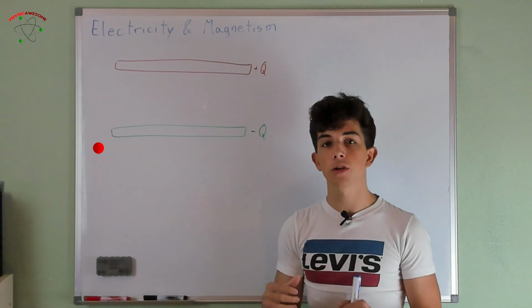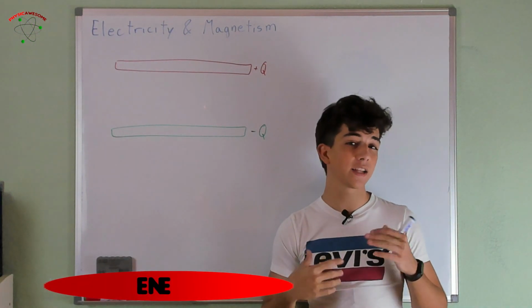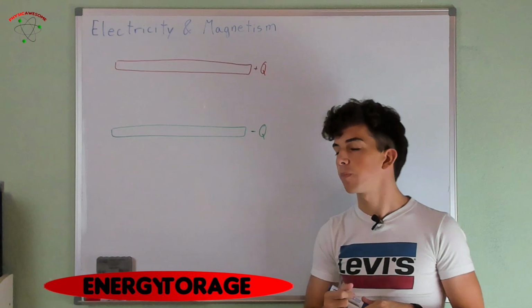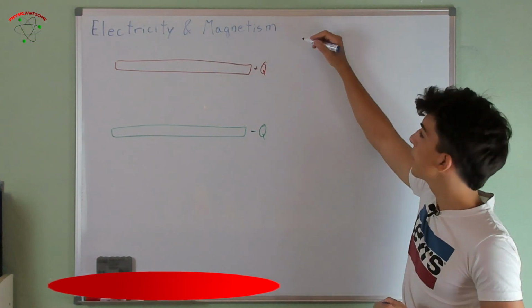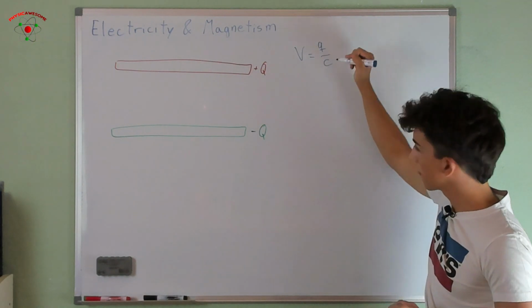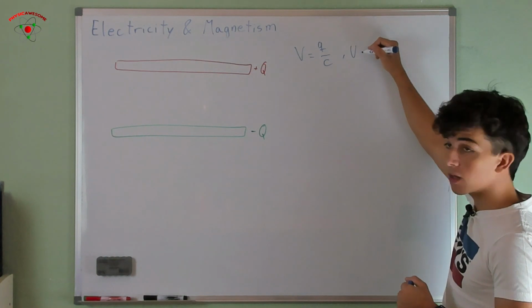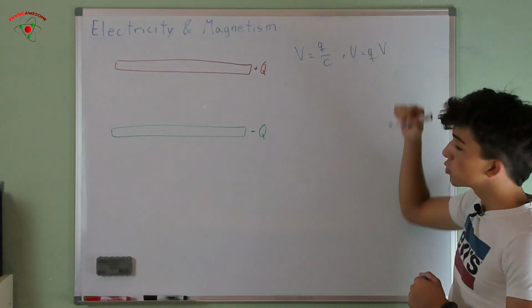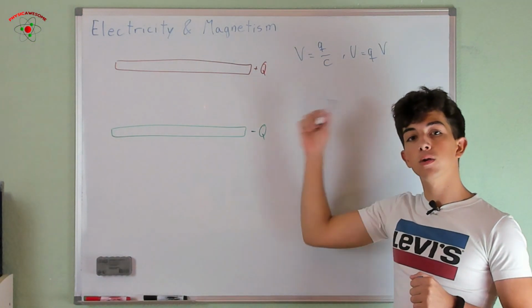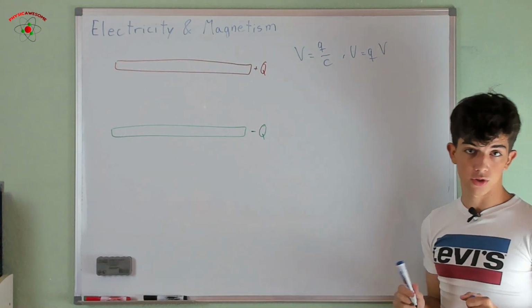Alright, let's try and understand what is the energy stored by this type of capacitor, and in general by all capacitors. Recall that voltage is related to charge in the following manner. We also know that in general the electric potential energy U is related to electric potential by this relationship.